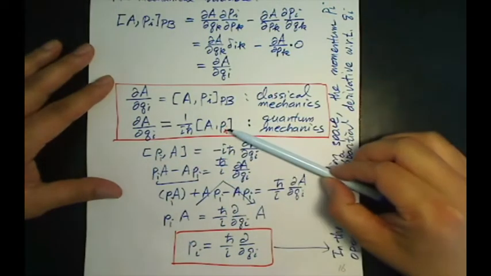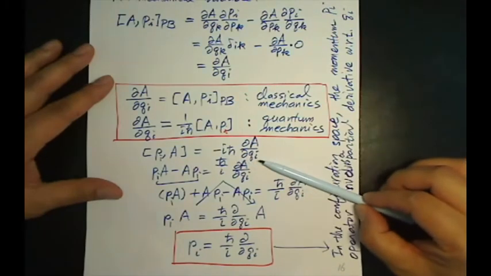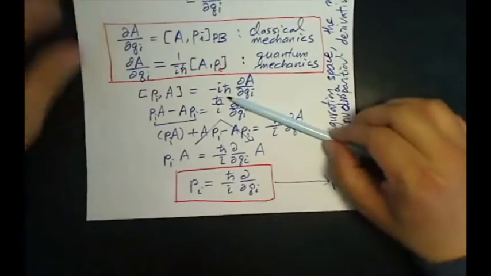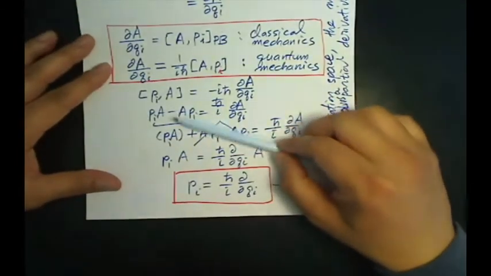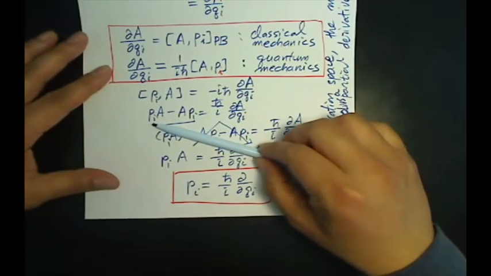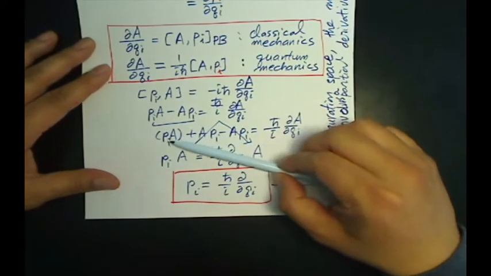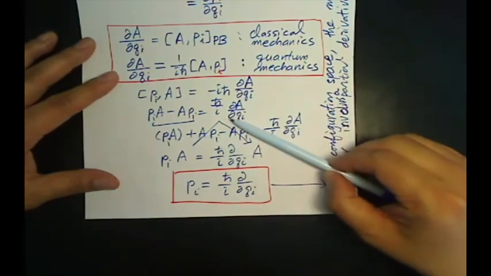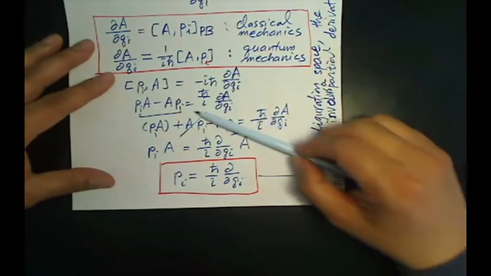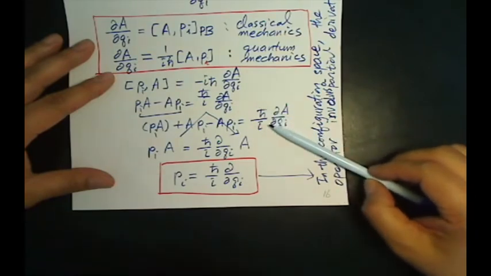So the commutator of p and A is minus i h bar times the q derivative of the mechanical variable A. The commutator is pA minus Ap, and the remaining piece appears only if this operator acts on the mechanical variable A, so the remaining piece cancels.